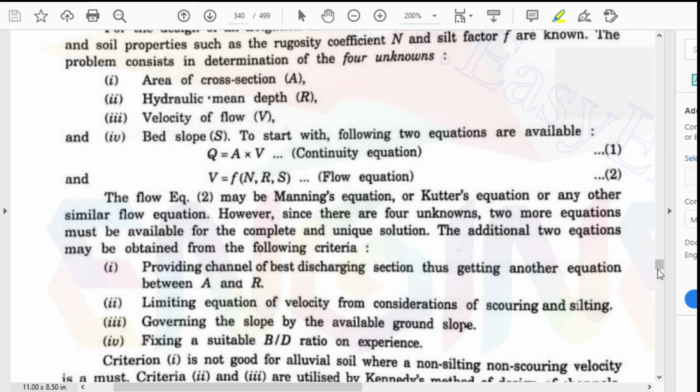Okay, from Manning's and Kutter's you can find out Chezy's constant. And by finding Chezy's constant, we can find out the velocity by using V equals C root mi, where m is nothing but your hydraulic radius or hydraulic mean depth.